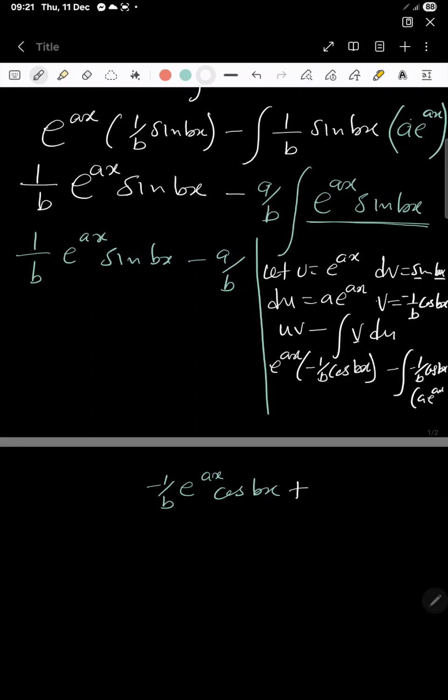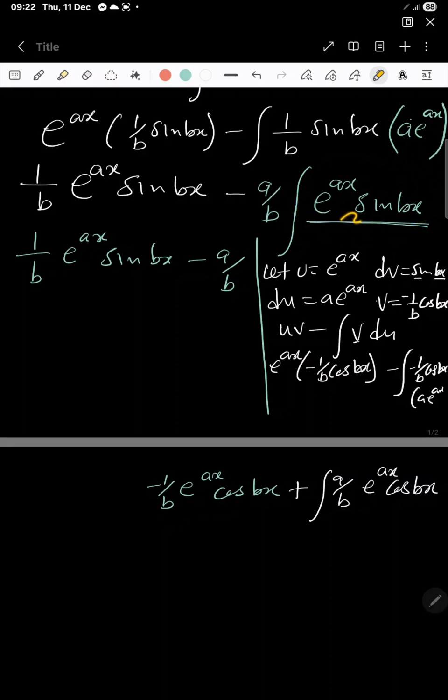Then the integral of, we have this a times that 1 over b, we get negative a over b. Of course the negative was already given as a positive, so we get a over b there as a positive, and then we have the e to the power ax cos bx, which is simply here.